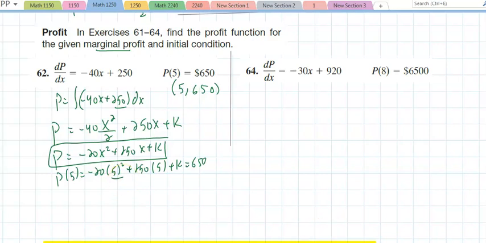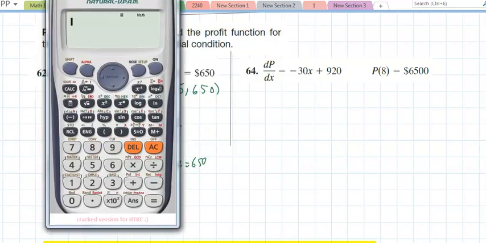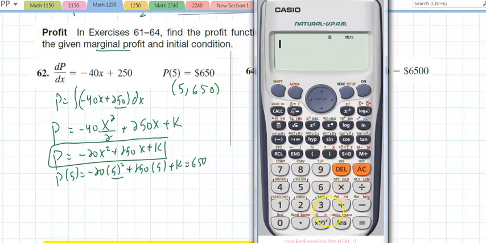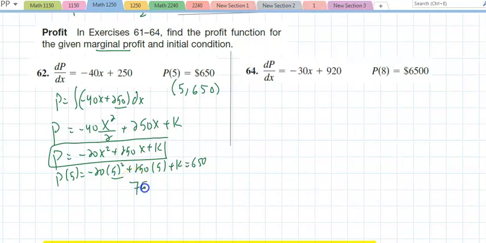There's no need for you to do that by hand. I like to do it by hand, but I want to save time. If I take negative 20 times 5 squared plus 250 times 5, I'll get 750. So 750 plus k equals 650. That means k must be negative 100.